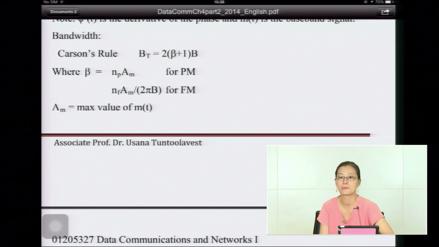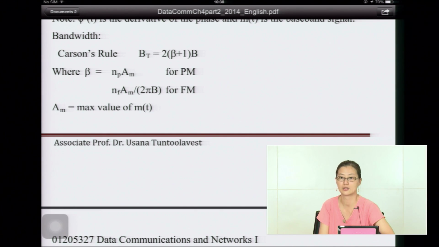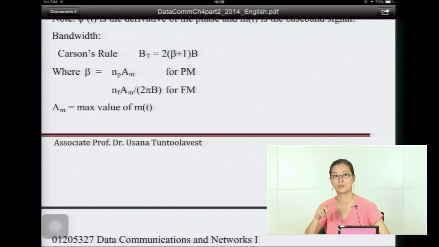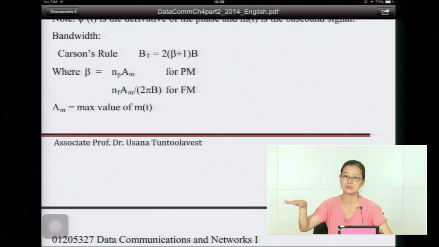Okay, this is for PM, and for FM it's going to be n sub f times A sub m, the max amplitude of m(t), over 2 pi B. Okay, this is FM. So you can calculate beta for both PM and FM. Okay, so if the baseband is not 0 amplitude, you always have beta more than 0. You have beta equal to 0 only if the baseband is just a 0 level signal, which is not what we use in a practical sense.